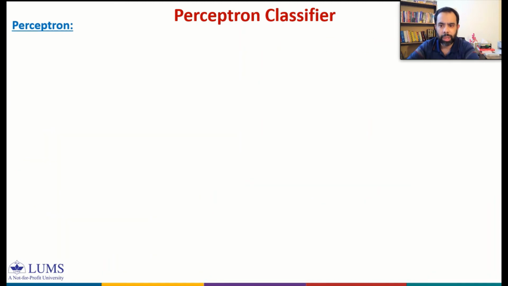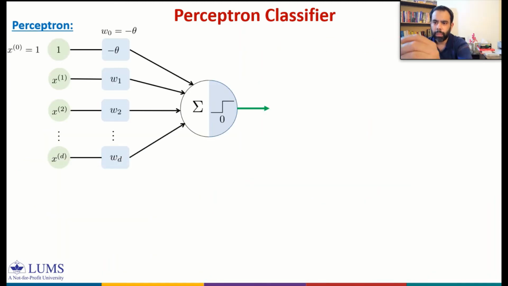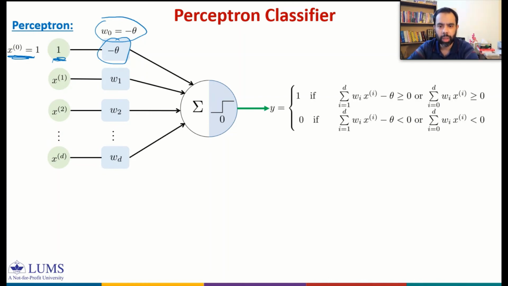Graphically, this can be shown in this form. I have introduced an additional input here, which I'm calling x0. But that is a constant input. This is not coming from the feature space. This is not a feature, but a constant input. And for this constant input, I have introduced a weight minus theta, and I will use w0 to denote minus theta. And mathematically, we have a standard perceptron model.